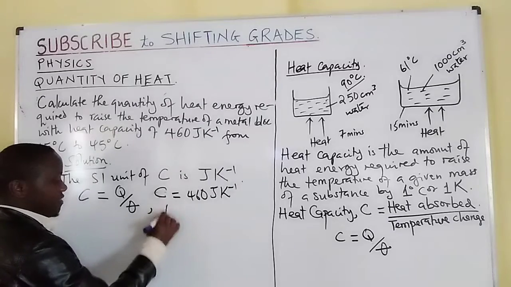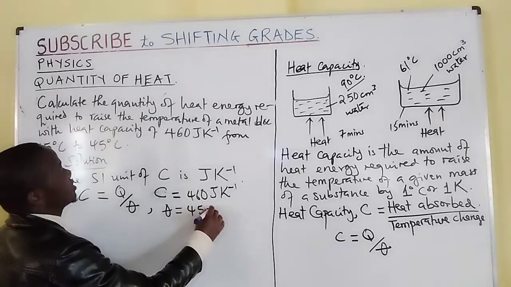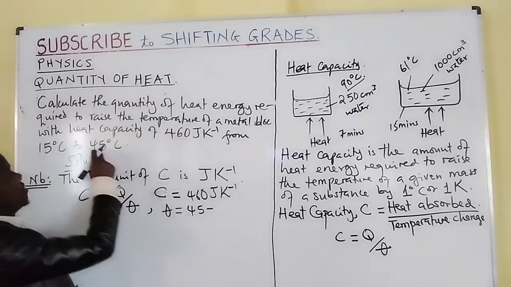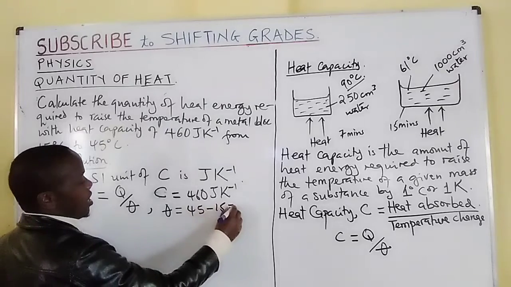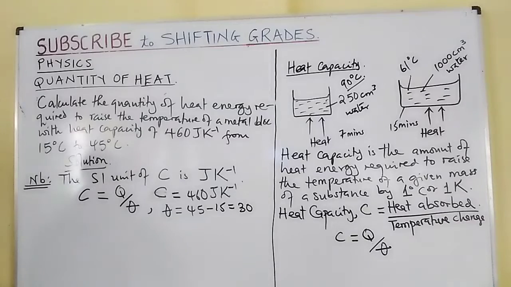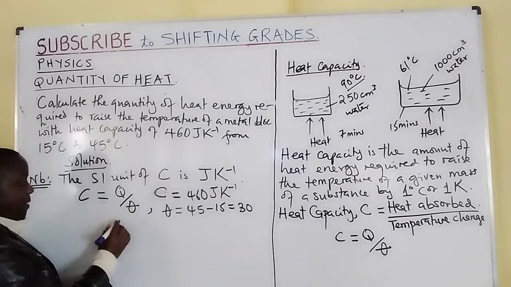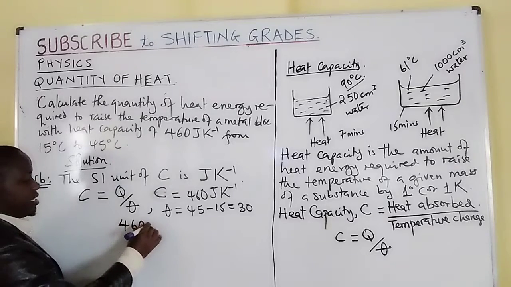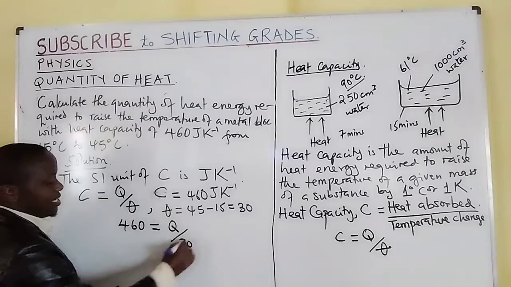And the change in temperature, from 15 to 45, we subtract the two and we get 30. Therefore, the change in temperature here is 30, final minus initial. Therefore, now we can say the heat capacity 460 is equal to the energy required over the change of 30.